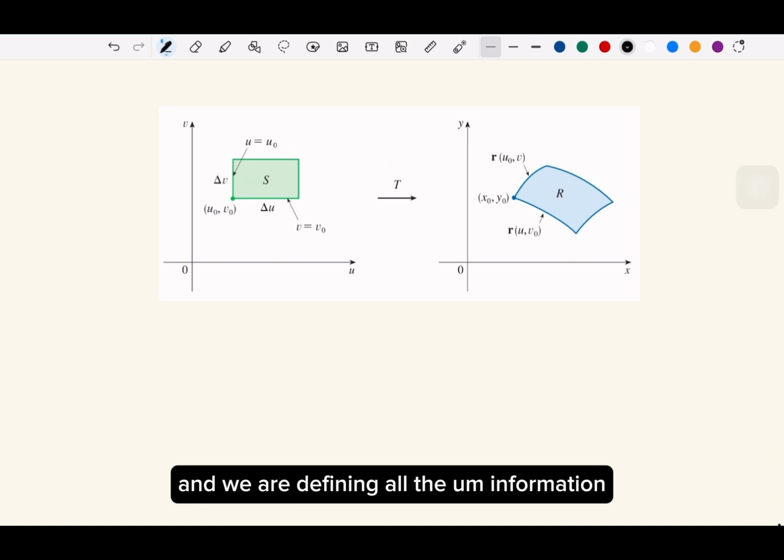And we are defining all the information.